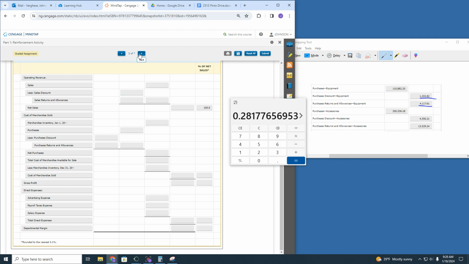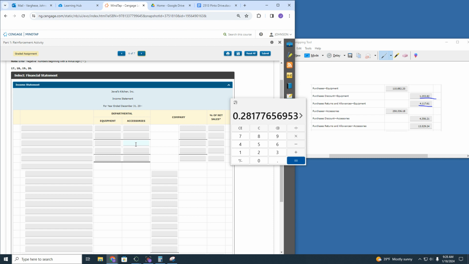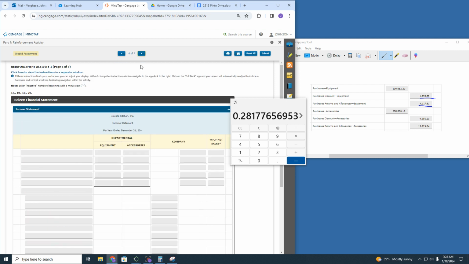All right, so let's look at these income statements here. This is going to be consolidated for both of the companies together. We're basically going to use the information from page 5 to fill out page 6, most of it, and then the other expenses that weren't directly attributable, we're going to have to list them out as indirect expenses.